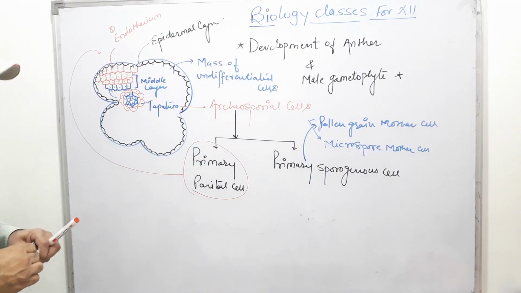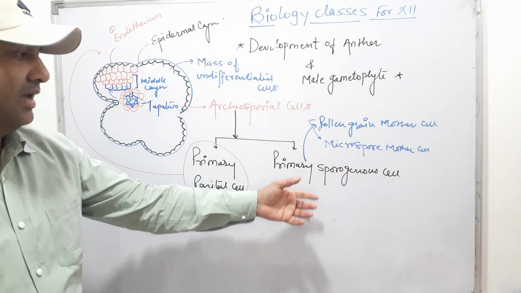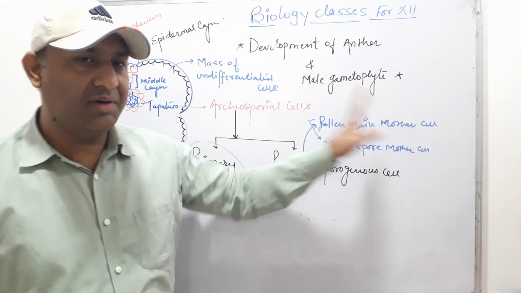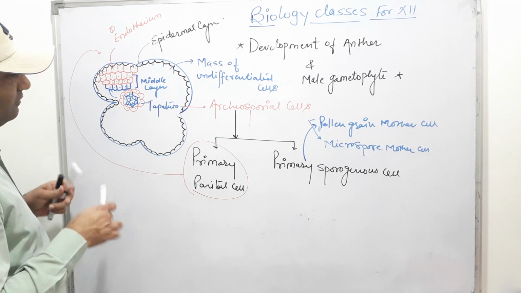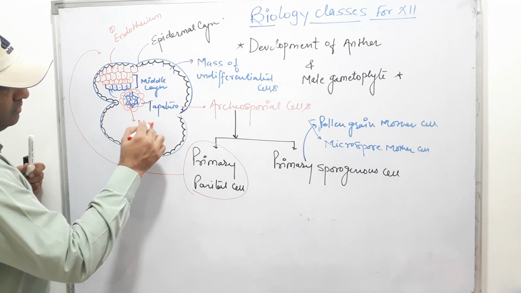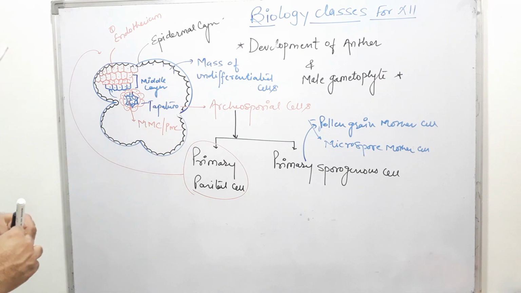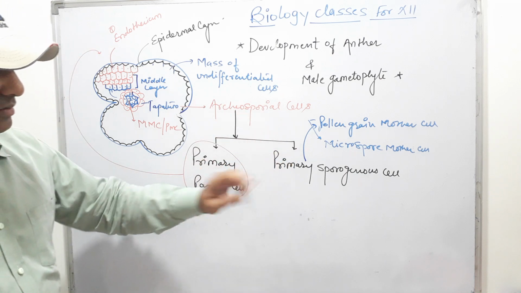Clear? So the primary sporogenous cells produce sporogenous cells, and these sporogenous cells produce the microspore mother cell or pollen grain mother cell, which is present inside this structure. So it is the exact location of these MMC, microspore mother cell or pollen grain mother cell. So it is the further development of archaeosporial cell and then the following structure.